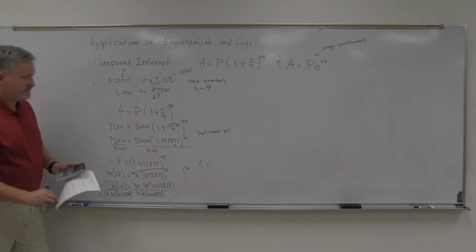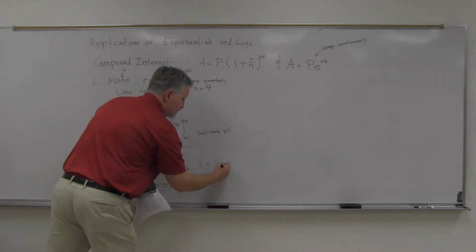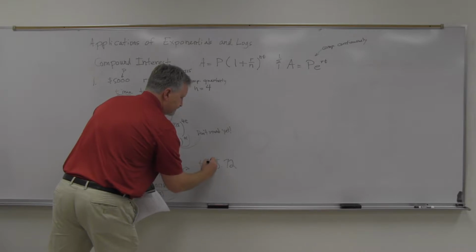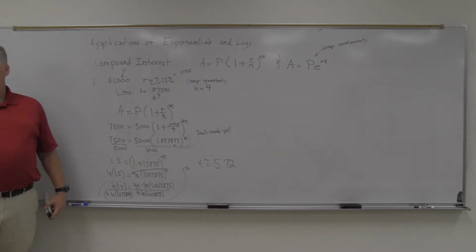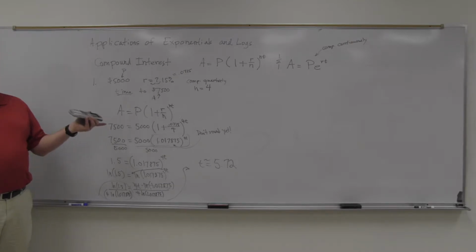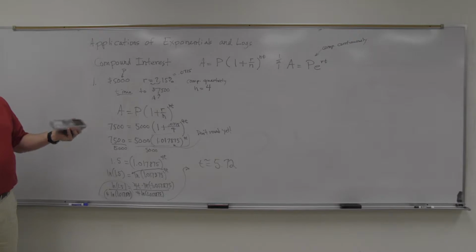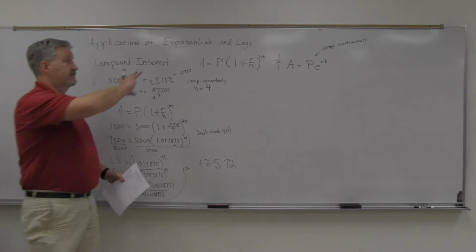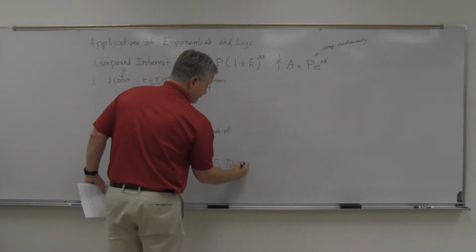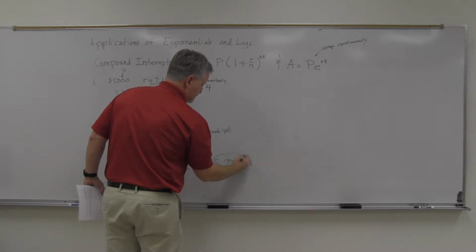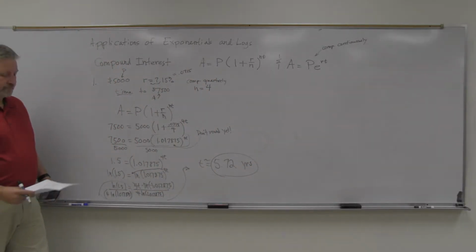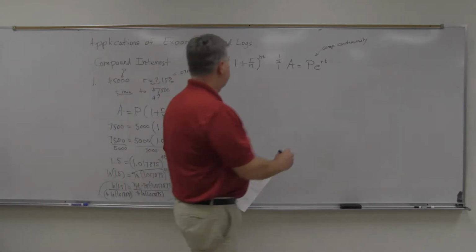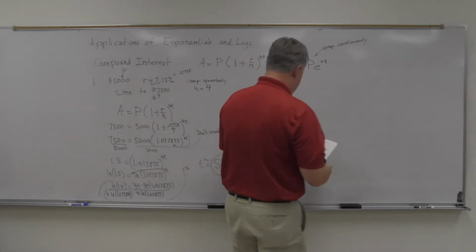I get 5.72. That would be a good approximation there. And then remember, for this formula, the time is in years. So it's 5 3/4 years. All right, is that okay? Questions?